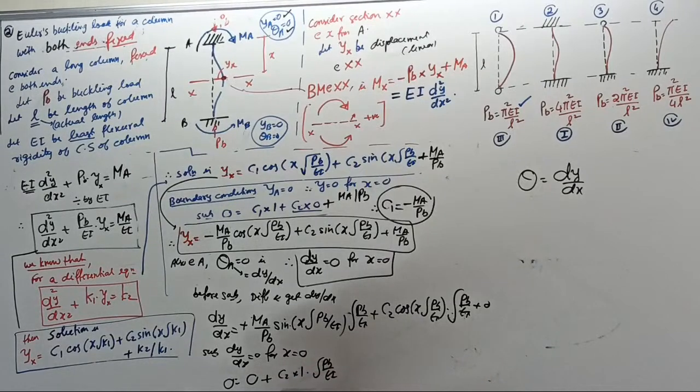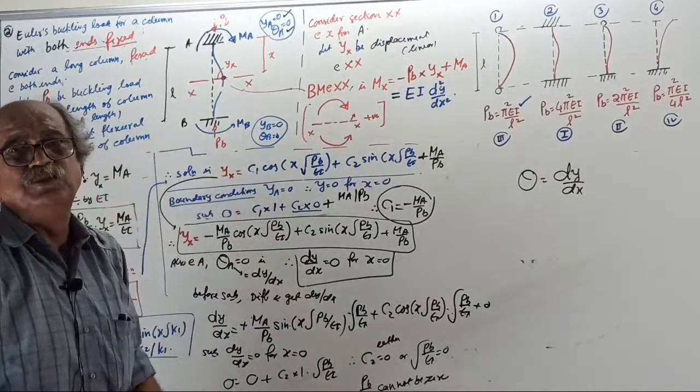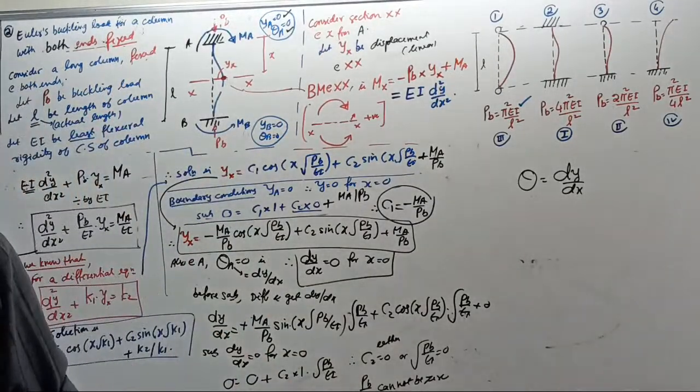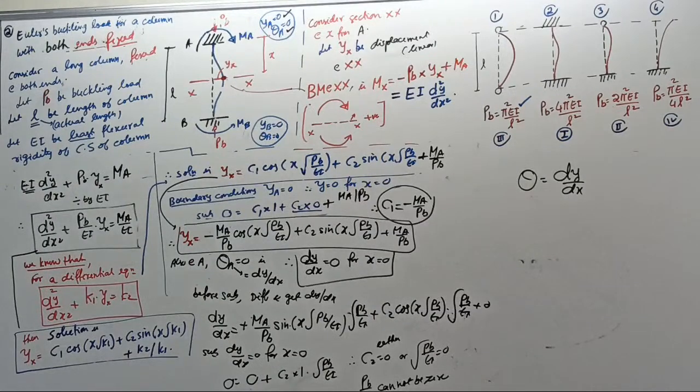Therefore, either C2 equals 0 or root of PB by EI equals 0. But PB by EI cannot be 0, otherwise the column will buckle with no load. Therefore, C2 equals 0. Fully clear?